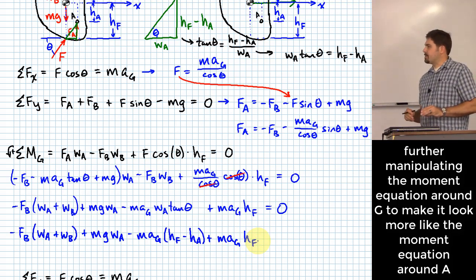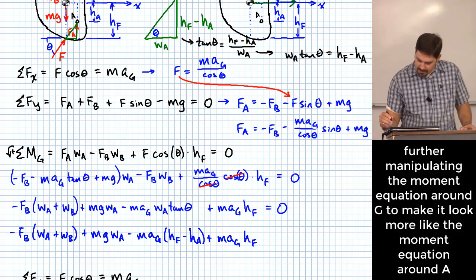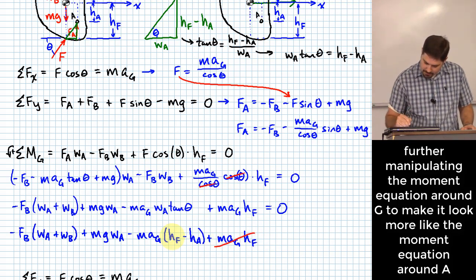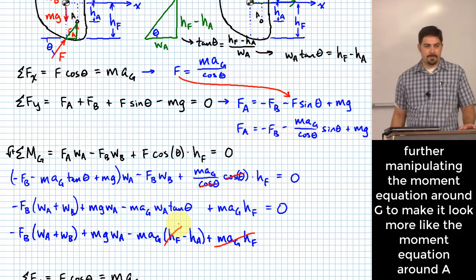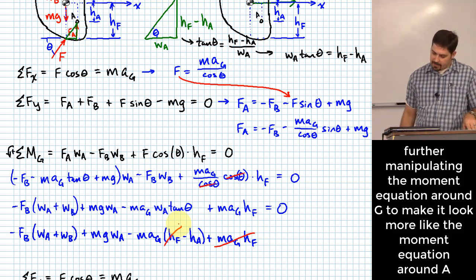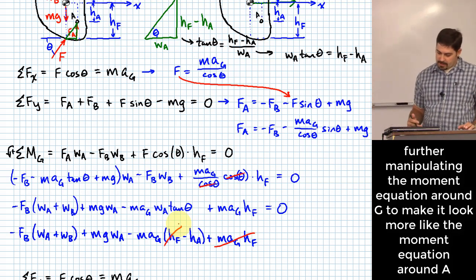Well, now that's kind of interesting, because this term right here cancels this term. Okay, you see that? That I have a negative one of those terms and a positive of the same term. So those two things cancel out.